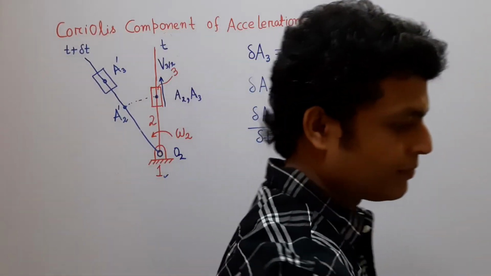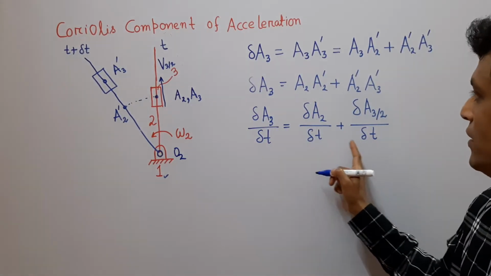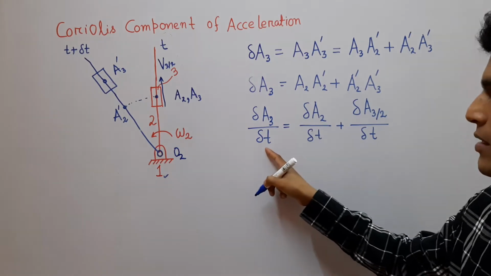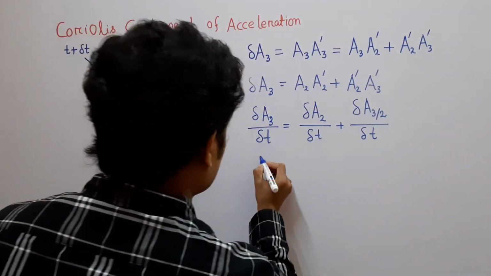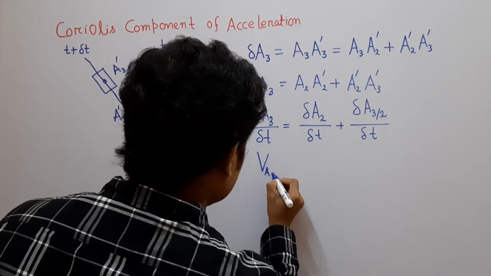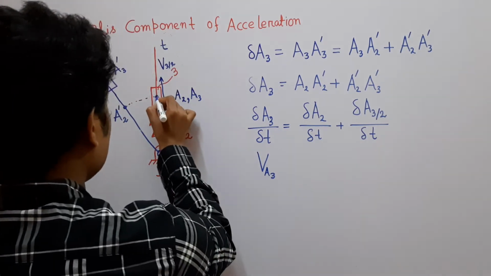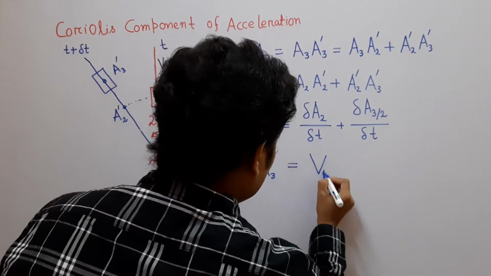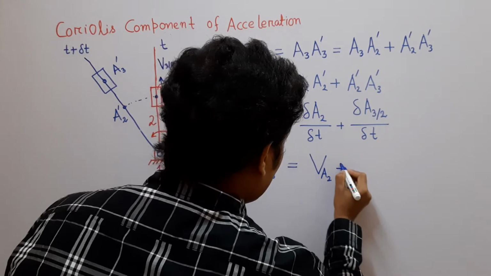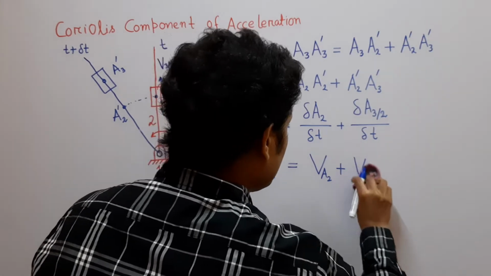I have divided both the left hand side and right hand side of the previous equation by delta t. So displacement by time is what? Velocity. So VA3, the velocity of link 3 at point A3, is equal to VA2 plus VA3 by 2.